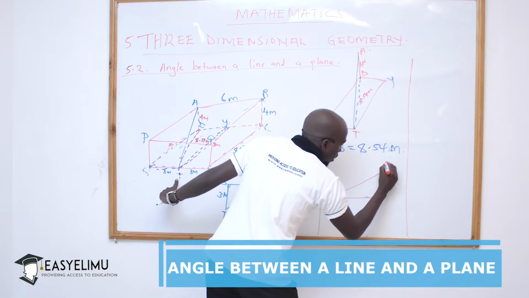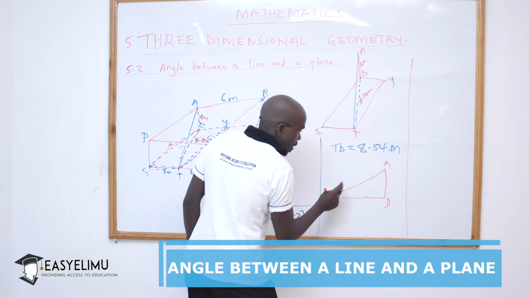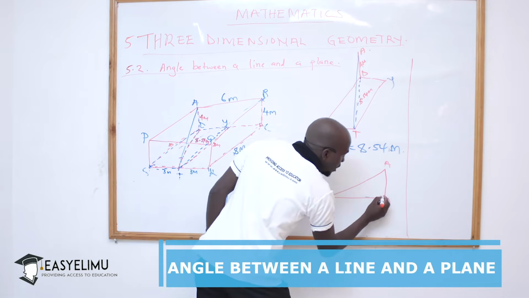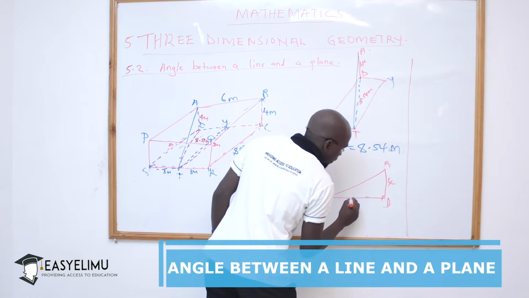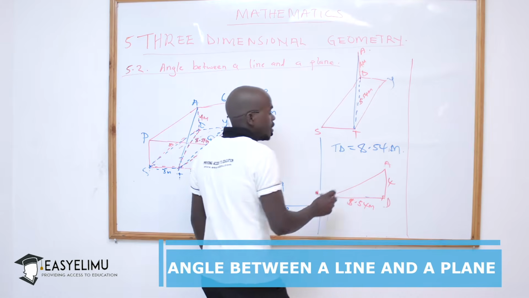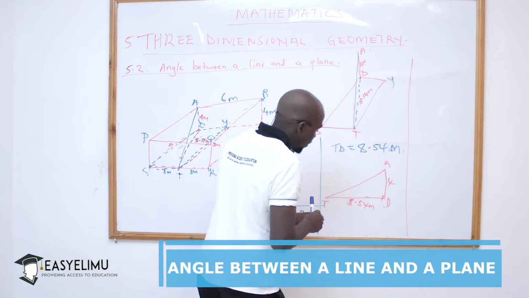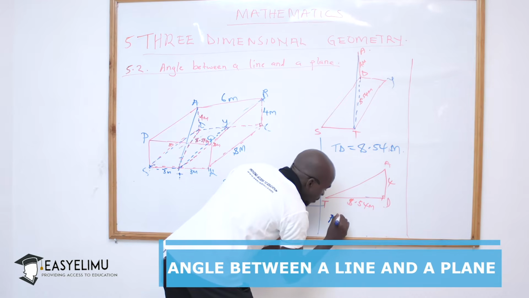This is ADT. We are going to have a 90 degrees angle here, this side is 4, and this is 8.54 meters. For the remaining one, we also take the Pythagoras theorem to find AT.